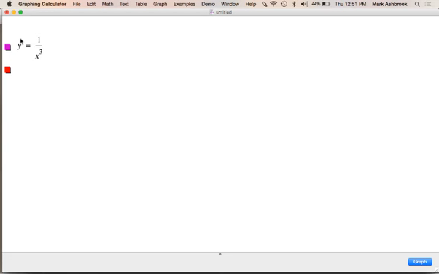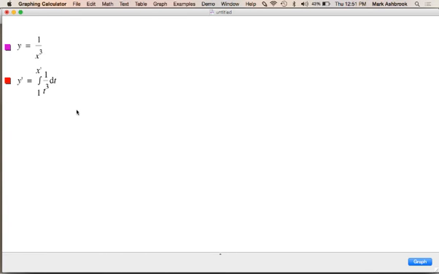And then we want to graph in a separate pane the integral from 1 to x of 1 over t cubed dt.